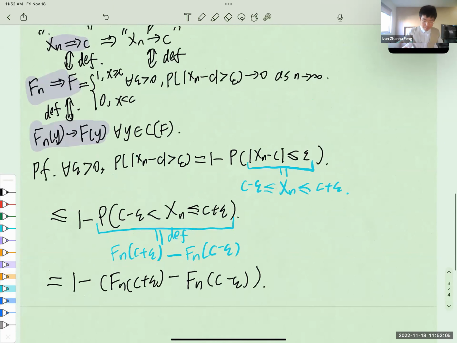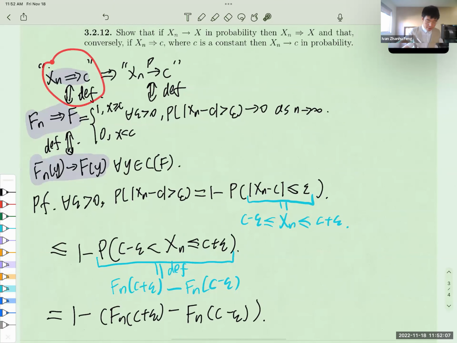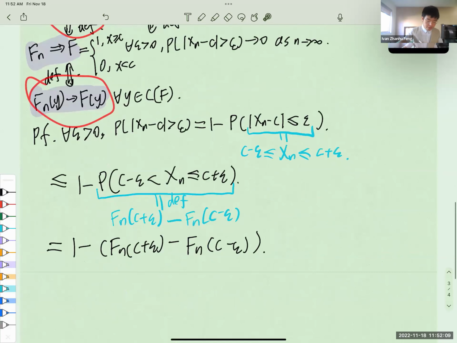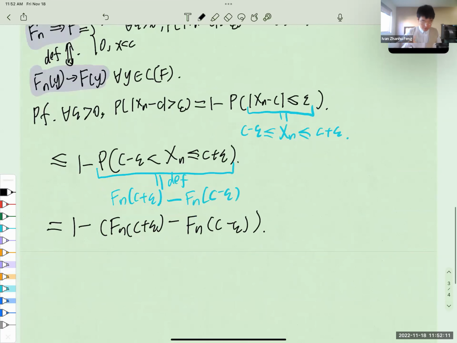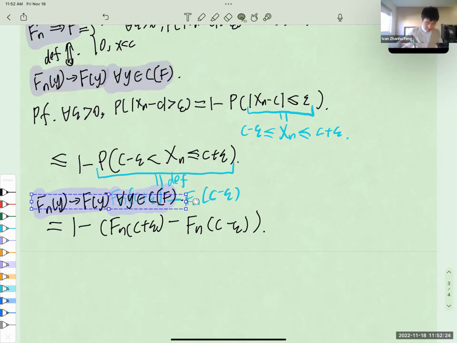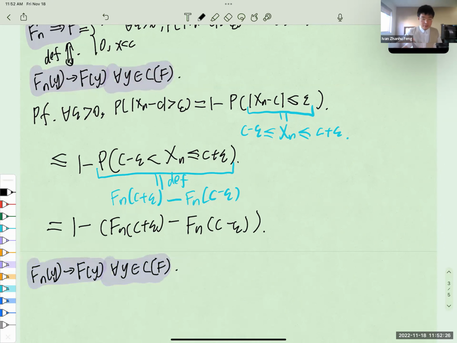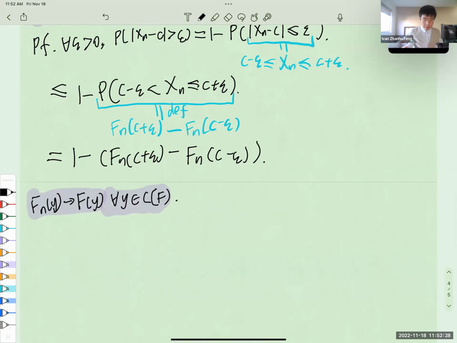And now let's make use of our condition here, or its equivalent statement by definition. So we know that Fn goes to F for any continuity points of capital F. So this, together with C plus or minus epsilon, are in C of F, this set.